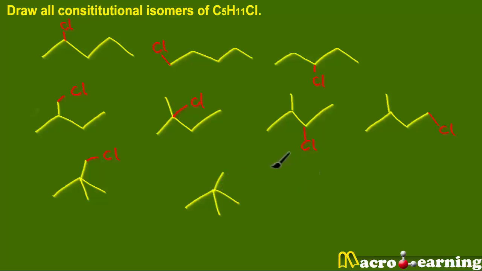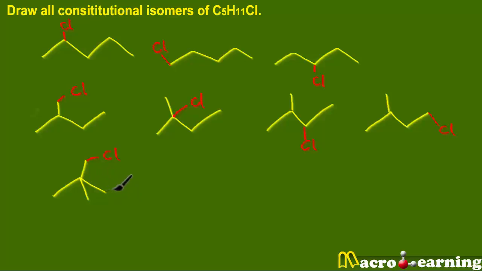Anyway, so this is not going to give us anything. So for the 3 carbon main chain chlorinated pentane, that's it. That's the only possibility.